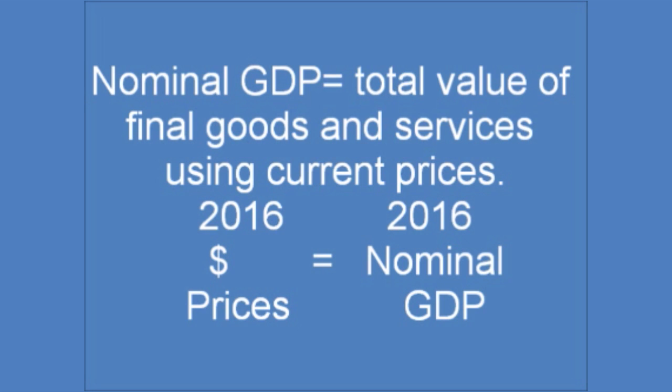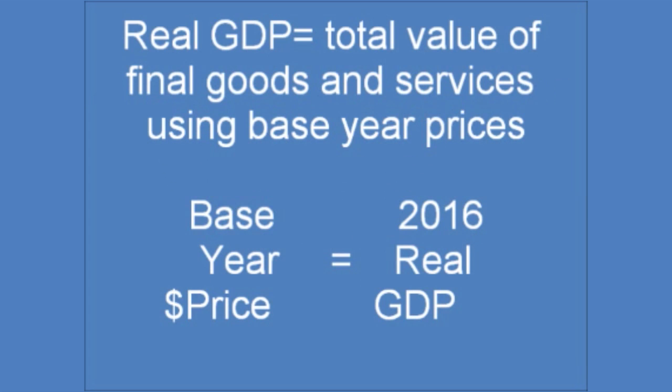Nominal GDP is the total value of final goods and services using that year's prices. Real GDP is the total value of final goods and services using the base year's prices.